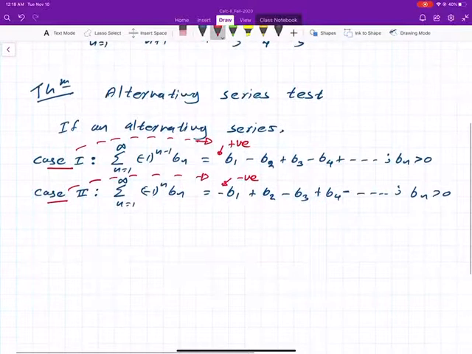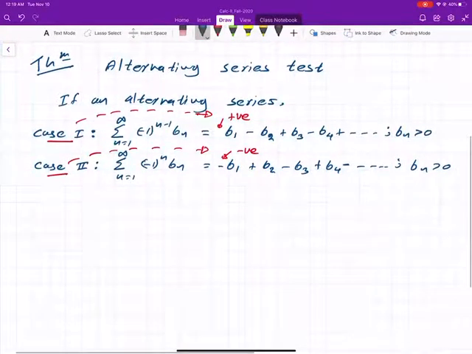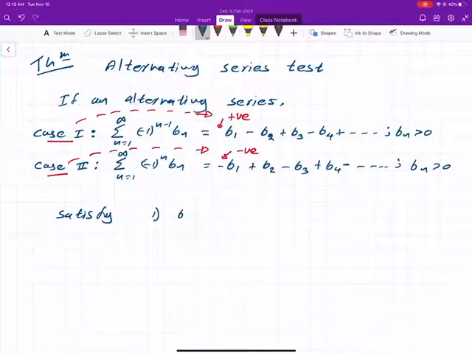Then the theorem comes. This series should satisfy, 1, you should have bn greater than or equal to bn plus 1 for all n.